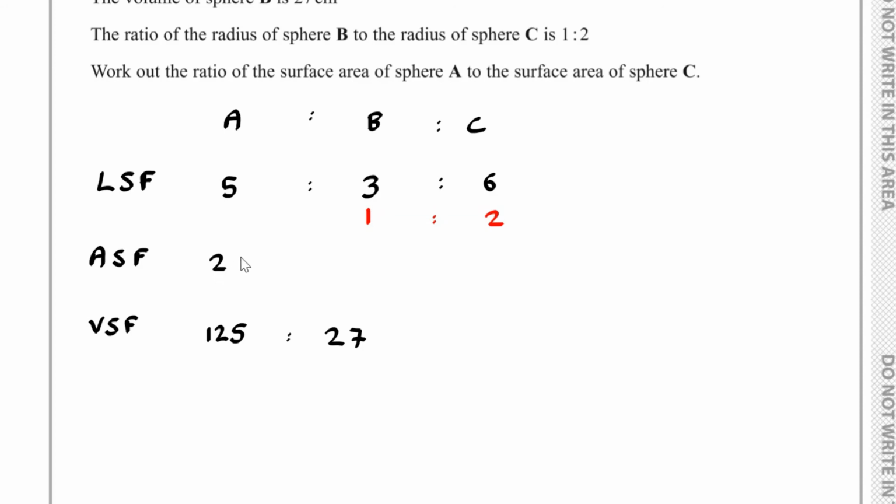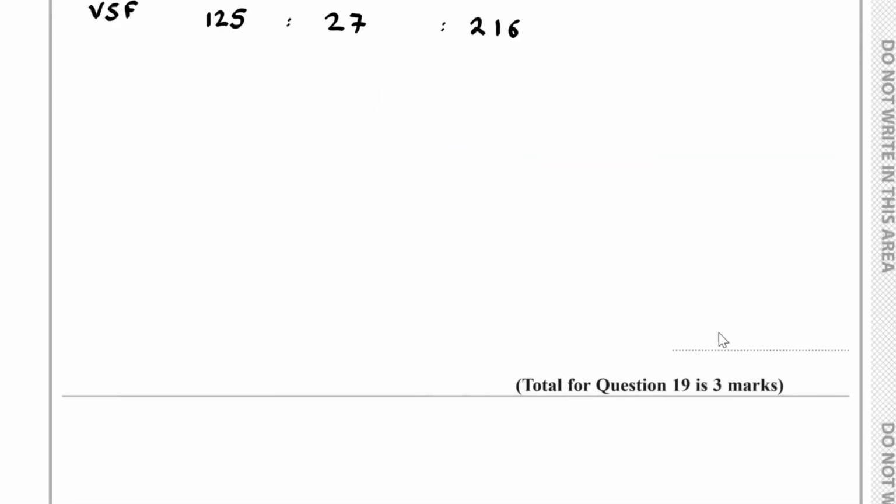So I've got 25 to 9 to 36. And for the volume scale factors, I need to cube. 6 cubed is 216. Now I want the ratio of the surface areas of A to C, so that will be given by 25 to 36. And that is the ratio A to C.